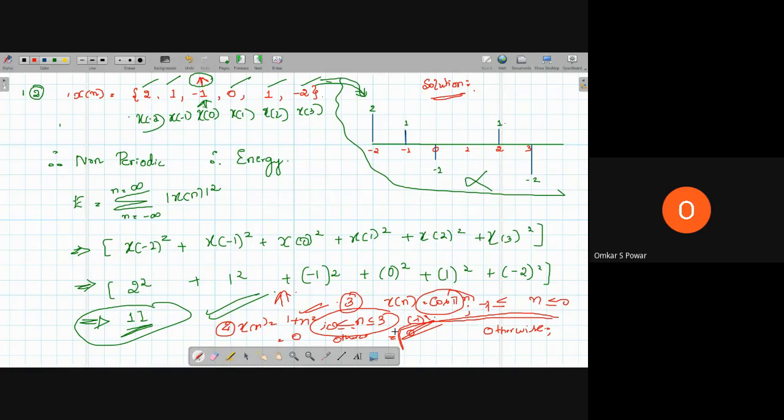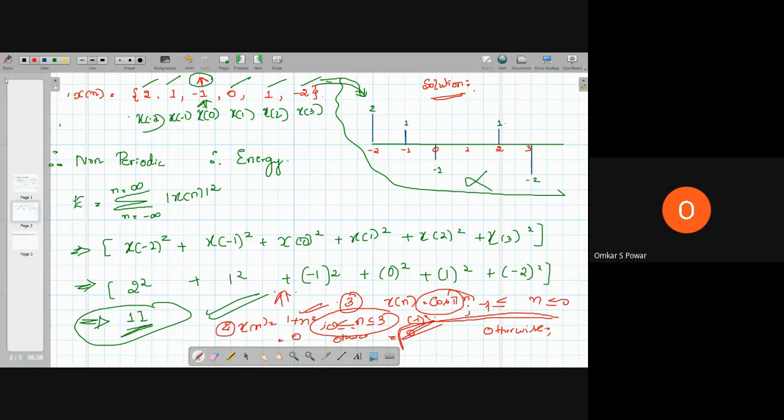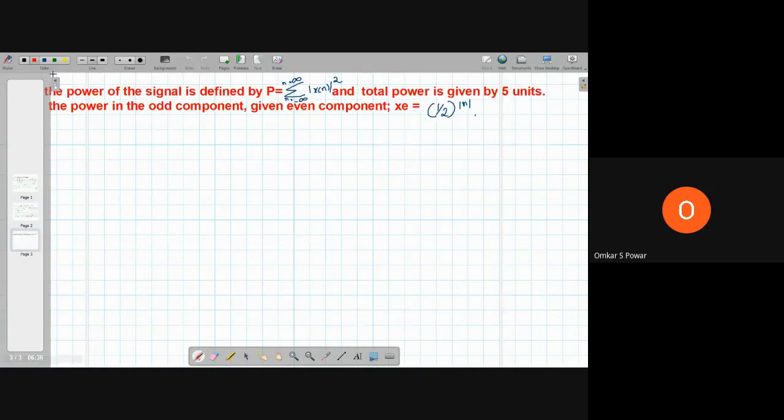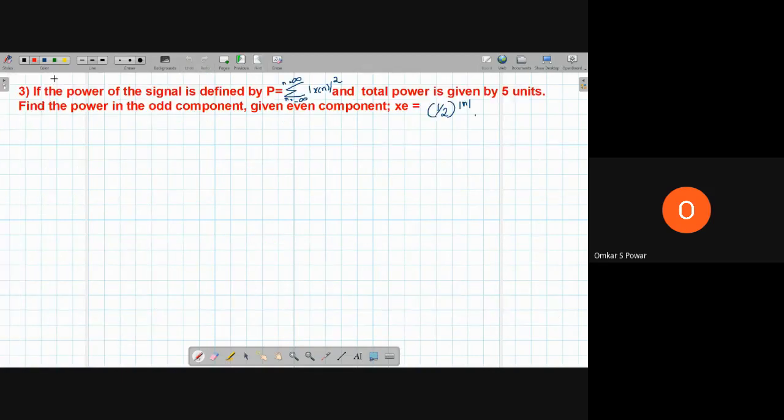So let us go to a little more complicated problem now. The first and foremost thing in electrical engineering or any other subject is that you have to understand the question. If you understand the question, half of your problem will be over. So let's see what the question is here.